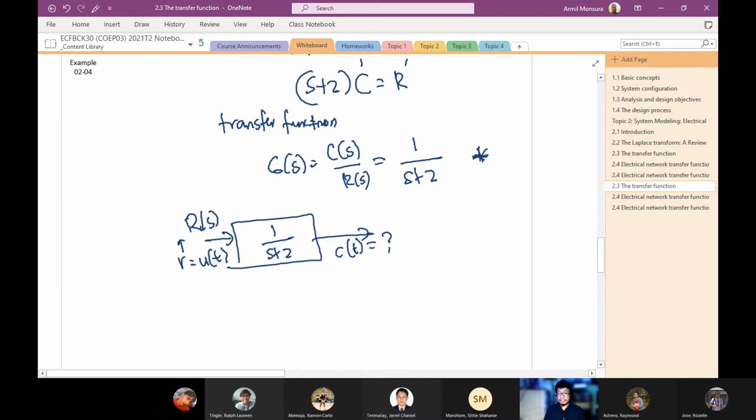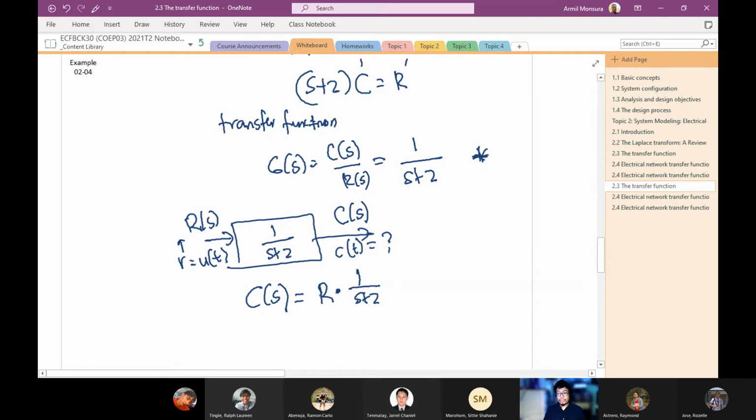But just remember that the output C(t) has the transform C(s). If you recall, we can find C(s) by reading from this: R times 1 over (s + 2) gives us the transform of the output.